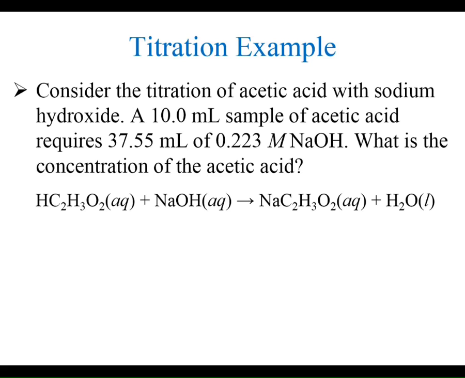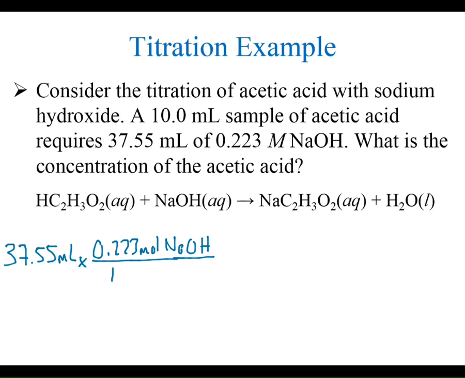So let's start with what I know. 37.55 milliliters of NaOH, and it's 0.223 moles NaOH per liter. Or my little shortcut, a liter is the same as 1,000 milliliters.